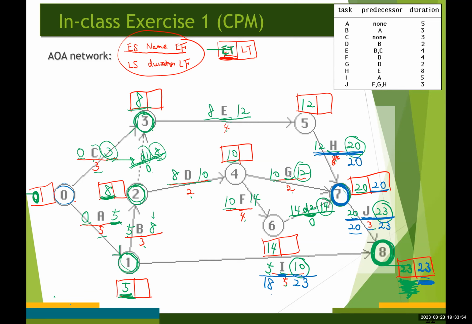And the latest finish time for activity G is going to be 20 as well. And the latest finish time for dummy activity number 2 is going to be 20. Okay, which is all copied from down here. Okay, 20 minus 0 is 20, right? 20 minus 2 is 18. 20 minus 8 is 12.